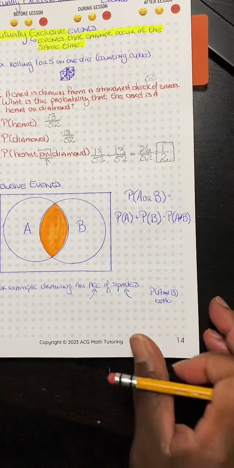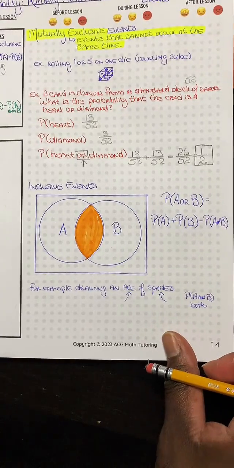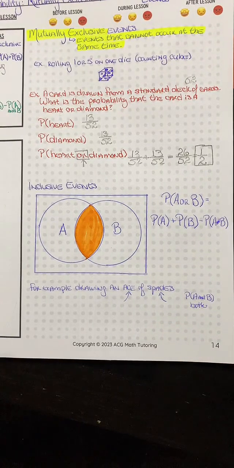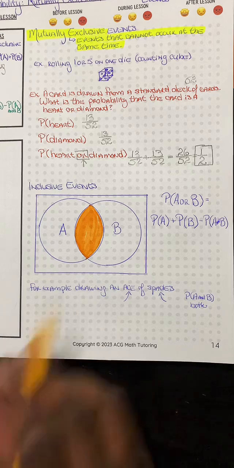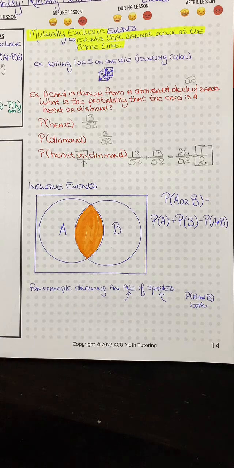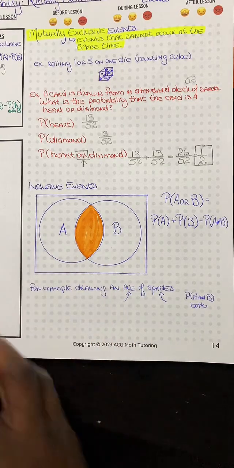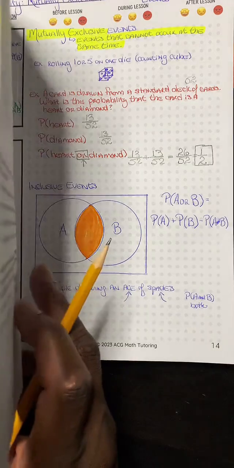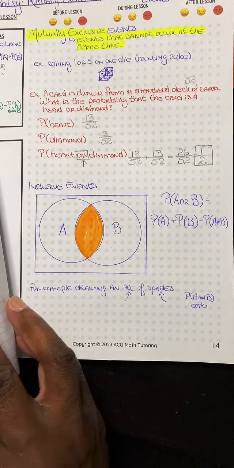All right. Now, inclusive events, the best way for me to describe it is with a Venn diagram. Inclusive events is similar to what we were just talking about with Chloe and Amber.